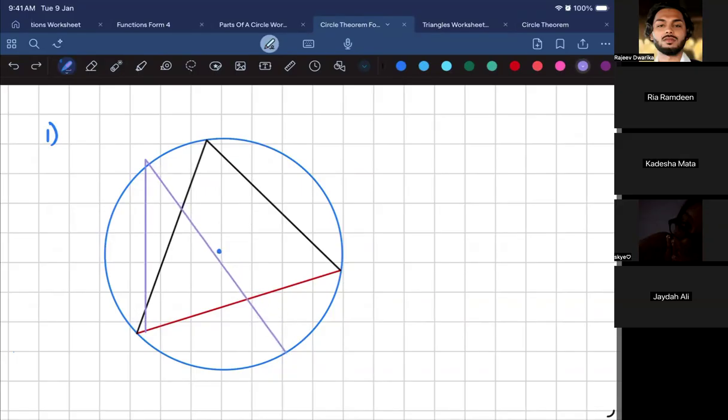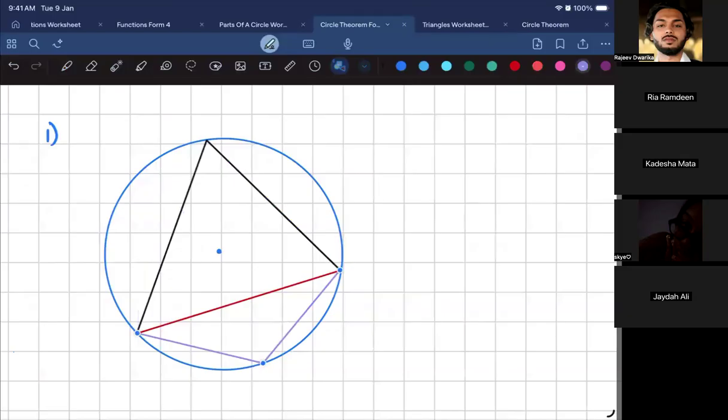Now, would the first theorem apply to this diagram? No, sir. Tell me why, guys. Because the second one is not standing on the chord. Right, it would not apply.